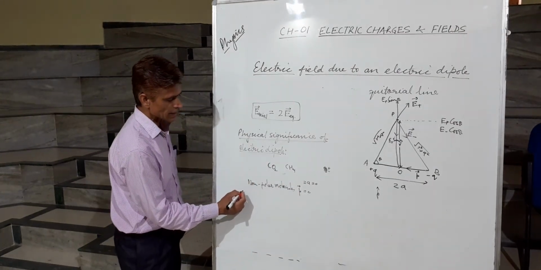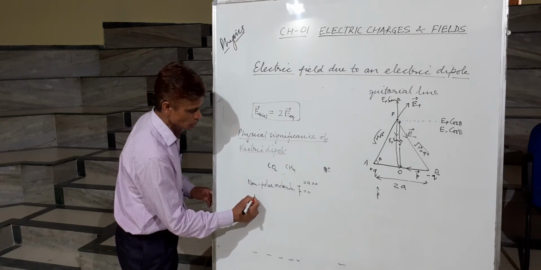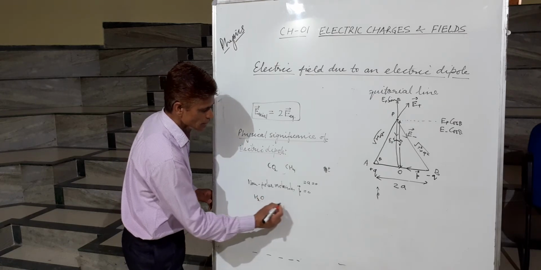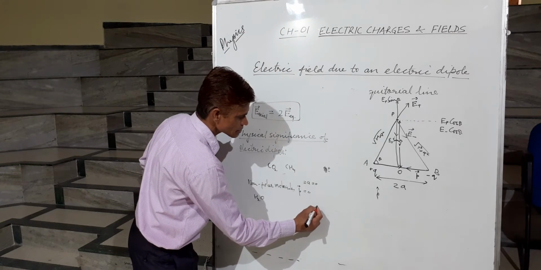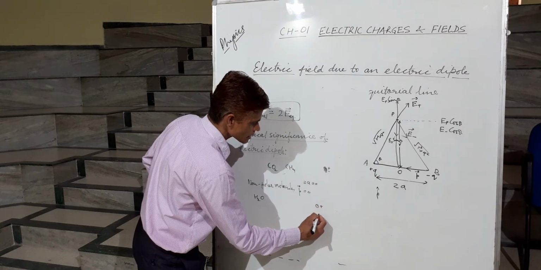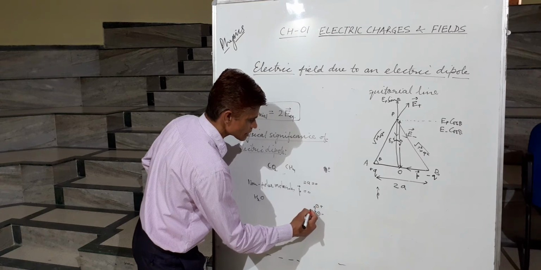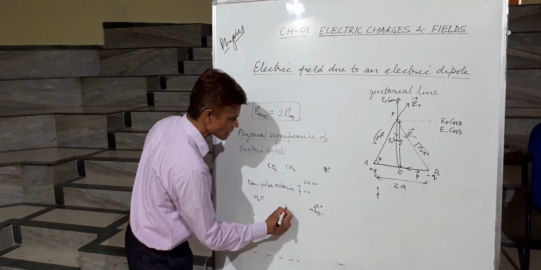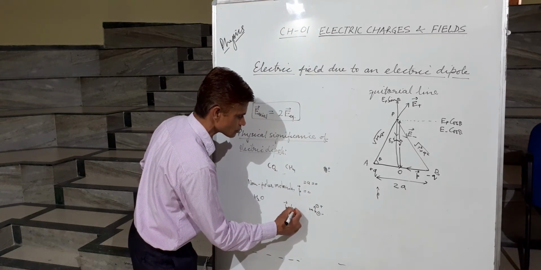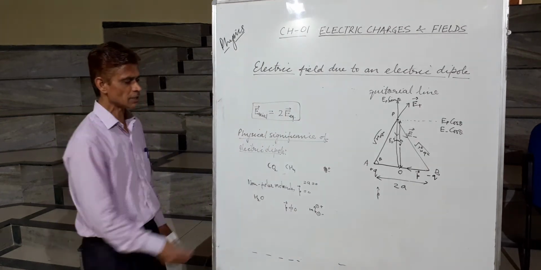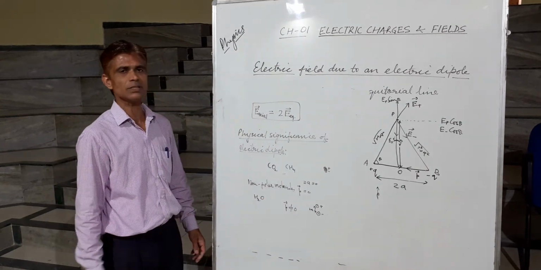Now there is another category of molecules like H2O, where the center of positive charge and the center of negative charge do not coincide. There is a separation between them. So the net dipole moment is non-zero. The individual dipole moment of the molecule is not 0.